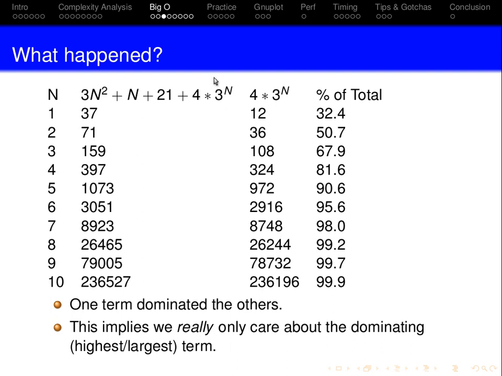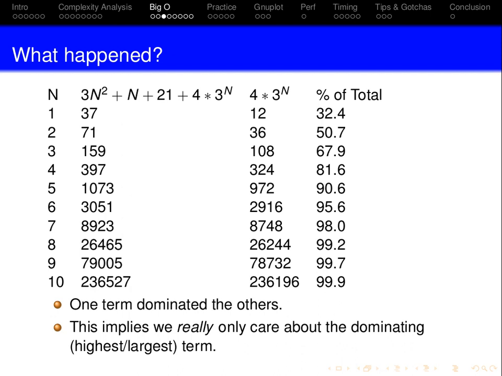On this column, I'm showing what percentage of the total this term is taking up. So you've got the formula, the one term I chose, and the percentage of the total that one term is taking up. Notice as n gets large, it quickly approaches 100%.